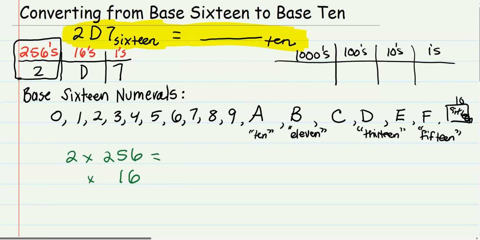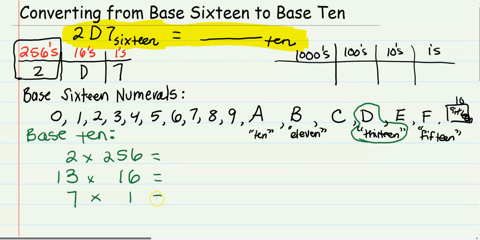But if we were now talking in base 10, D means what? D means 13. So you have 13 groups of 16, and then we have 7 singles. 7 times 1 is 7.